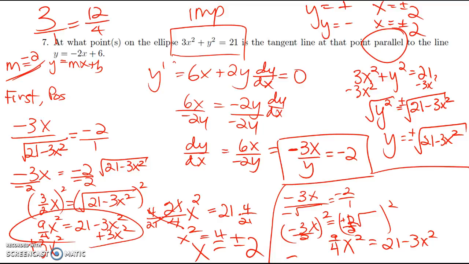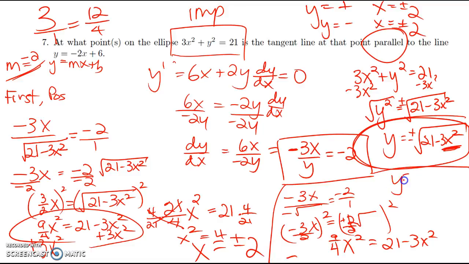Now, when we plug in plus or minus 2, because here's what we have, y in terms of x. We have to plug in some x's. Notice this is squared too, so it doesn't matter what sign I plug in.